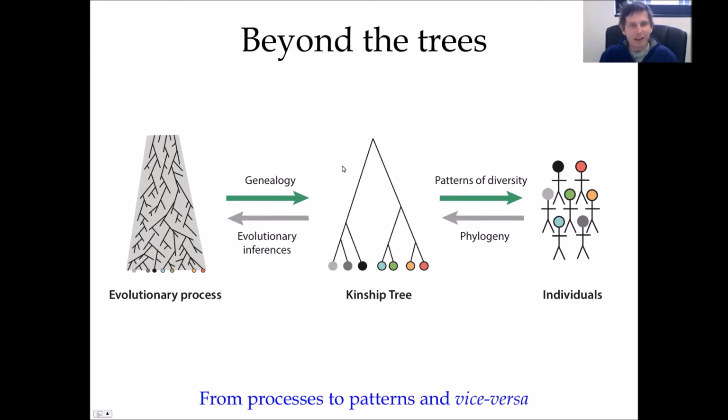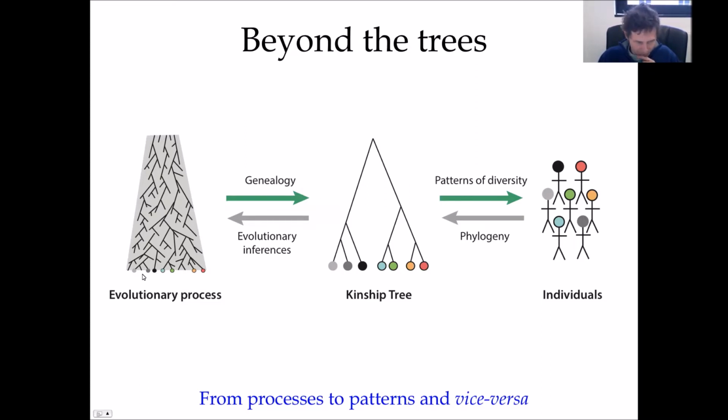But here we are even more ambitious. We would like to understand what are the processes that create the tree. So on the left side, we have some kind of a branching process where the lineages branch and die, and they form a population that is now expanding in that example.